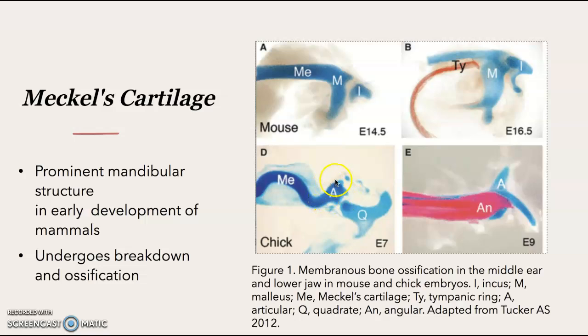And again, it's directly linked to the articular, which now we can point out that the malleus and articular are going to be homologous to one another. So these terms will be used interchangeably, as well as the quadrate with the incus. And again, formation of some middle ear structures.